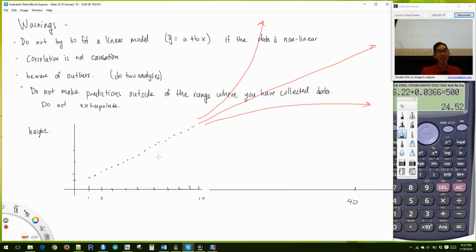You can use it to say, oh, I forgot to get a measurement when he turned 7 years old. I knew how tall he was when he was 6.5, and I knew how tall he was when he was 7.5, but on his 7th birthday, I forgot to measure his height. You can use this to make a very good prediction. But as far as predicting outside of the range, it cannot be done.